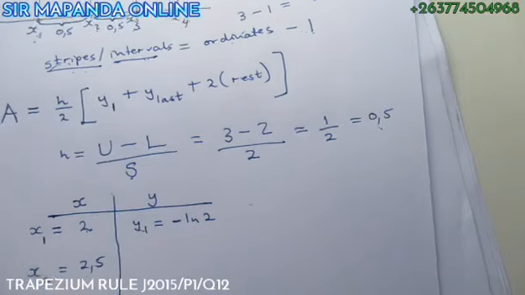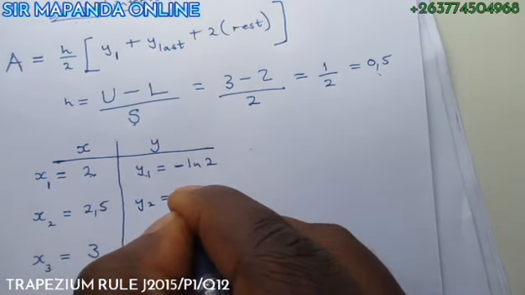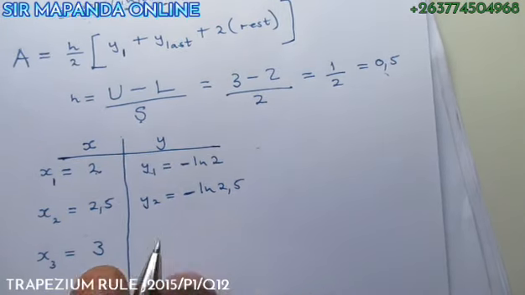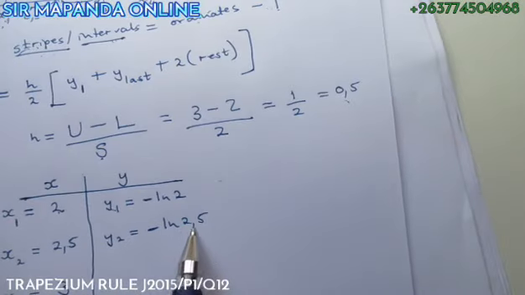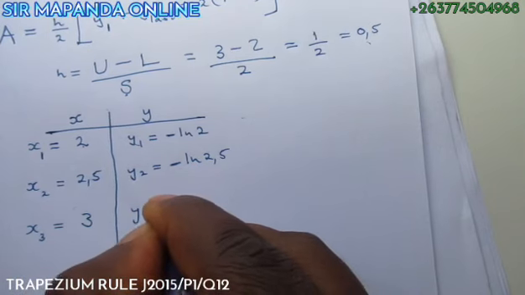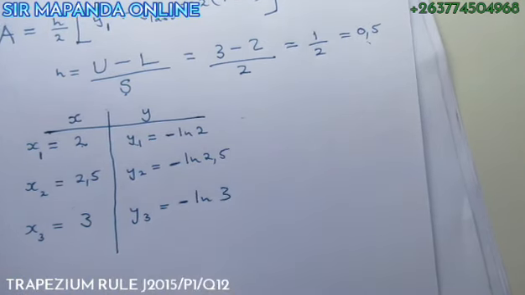I hope you are following. Then y2 is equal to minus ln 2.5, putting 2.5 on x. Then y3 is equal to minus ln 3, something like this.